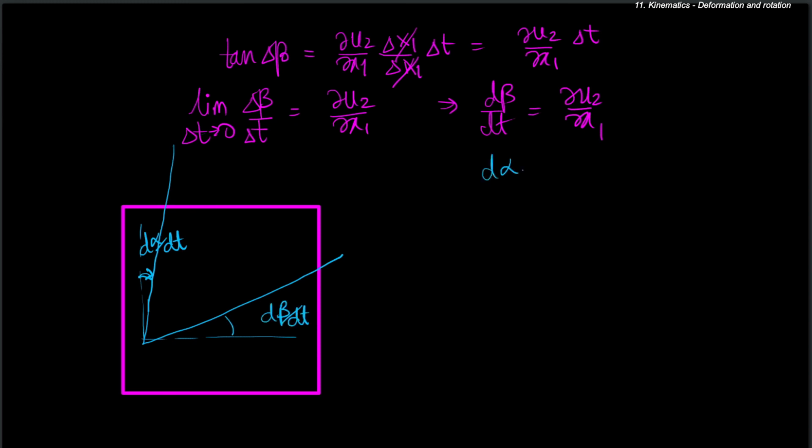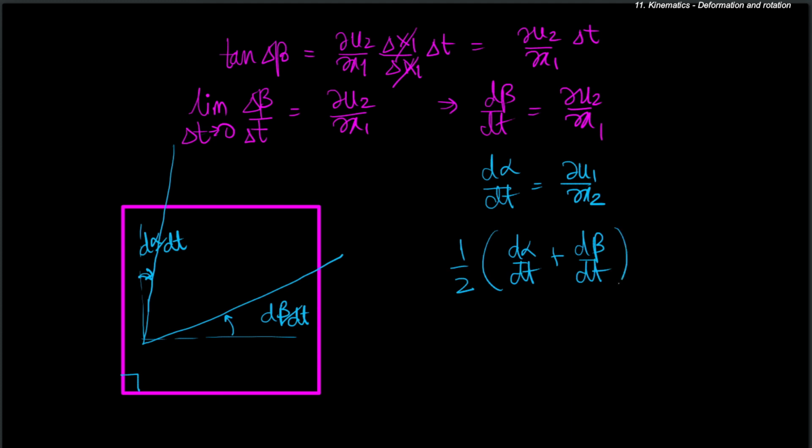So d alpha dt was found out to be del u1 del x2. The average rate at which the elements which are 90 degrees try to rotate towards themselves is half of d alpha dt plus d beta dt, and this is half of del u1 del x2 plus del u2 del x1. So this is the rate at which they converge towards each other.